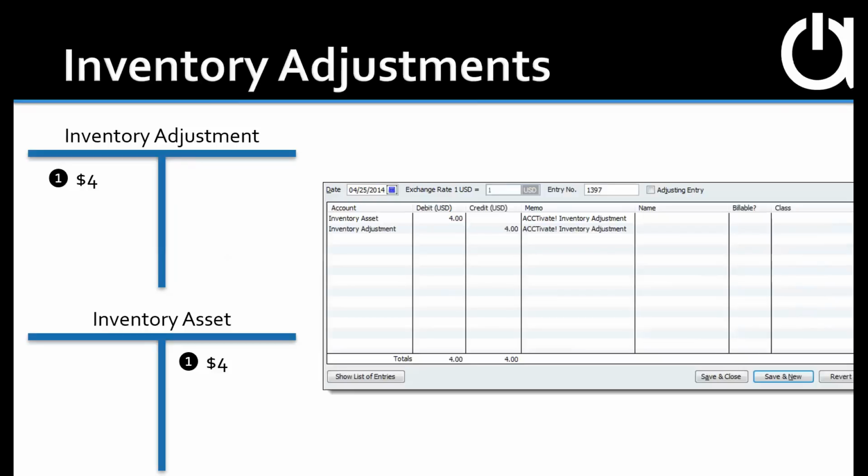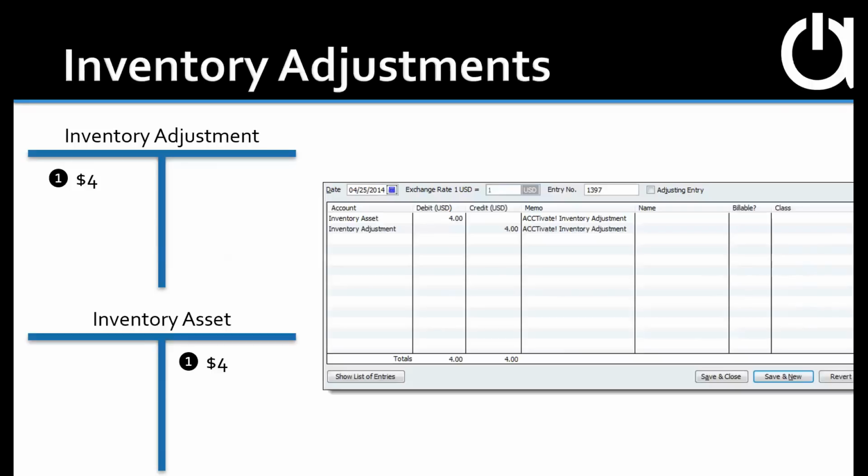So what an inventory balance adjustment is, I can adjust both the quantity on hand and the value at the same time. So I'm adjusting to a number. So if Acctivate says I have 100 in inventory at $1 each, and I actually have 200 at $2 each, I can use an inventory balance adjustment.